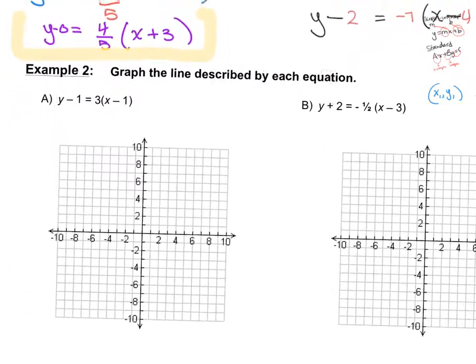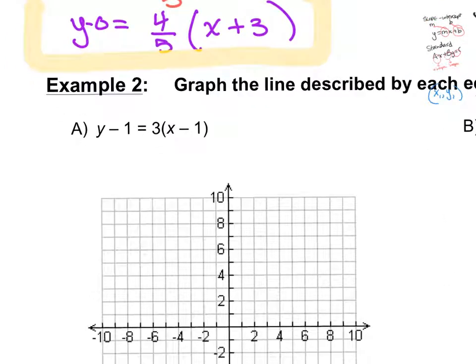Graph the line described by each equation. Looking at this, hopefully your brain will trigger and go, oh, that's point slope form. Y minus y1 is equal to m times x minus x1. y1 is 1. The m is 3.